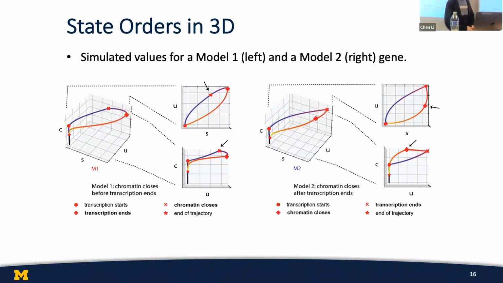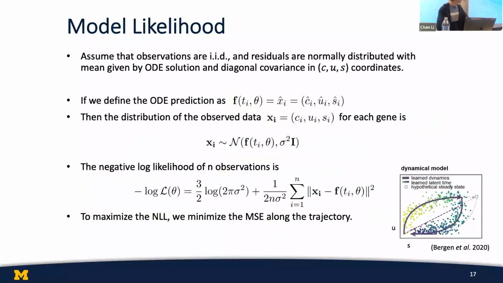It's chromatin, unspliced and spliced, and the simulation results for model 1 and model 2 genes look like the figures here. The difference is mainly that the chromatin closing state and the transcriptional termination state order is reversed. On the left, chromatin closes first, but on the right, the transcription terminates first.